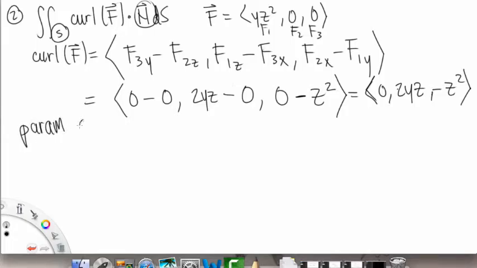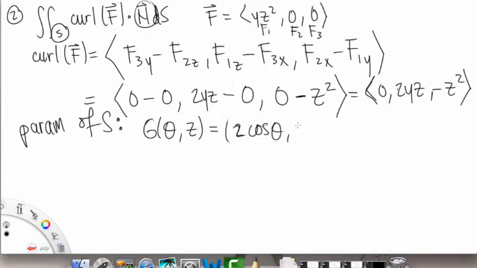So parameterization of S. That's going to be, for a cylinder, we use cylindrical coordinates, so we can use theta and z, and the parameterization is going to be 2, because that's our radius, so r cosine theta, and r sine theta, so 2 sine theta, and then for the z component, we just have a z. Alright, so to find n, remember our tangent vectors here.